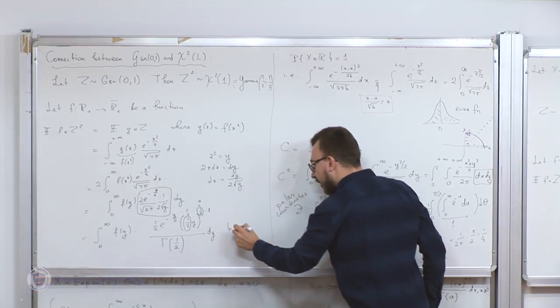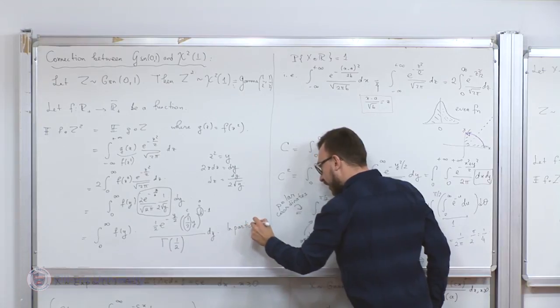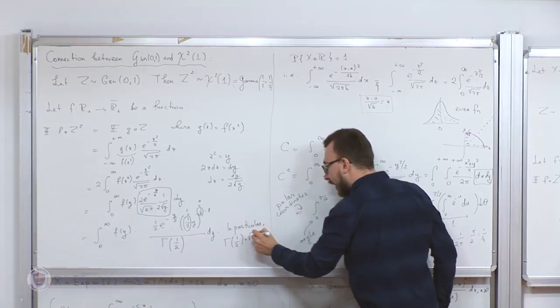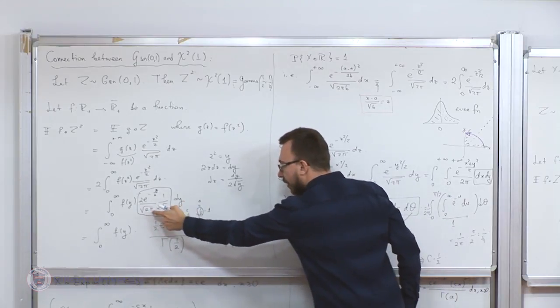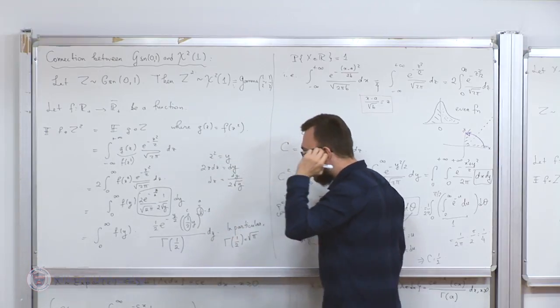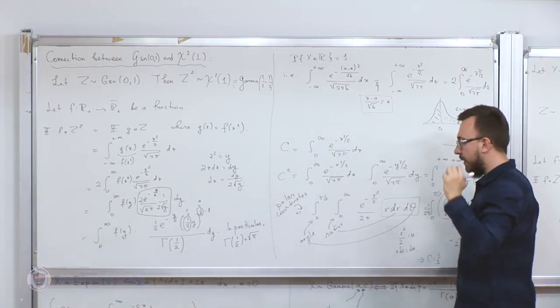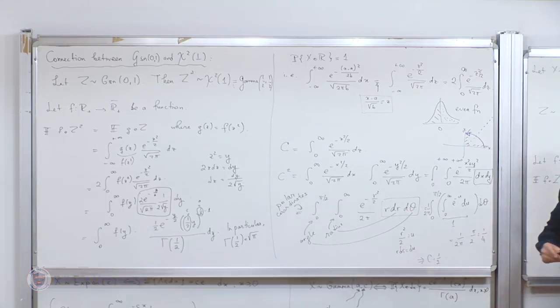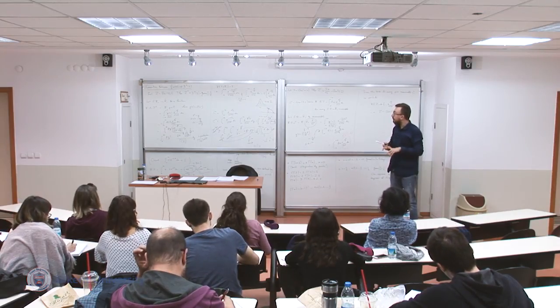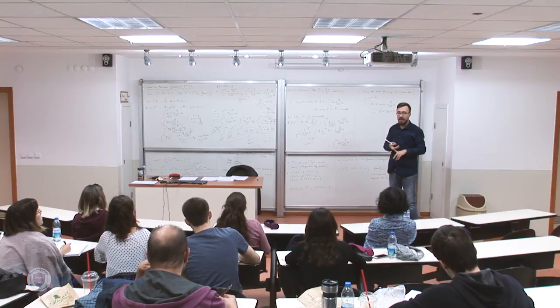In particular, gamma of 1/2 is square root of pi. This is what is left for the denominator. So we show two things. One thing is that this z squared has the gamma distribution with 1/2, 1/2 parameters.